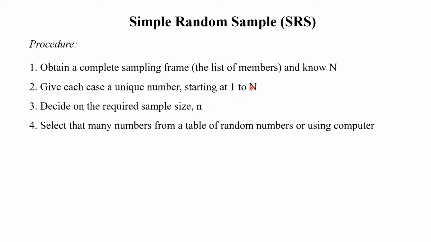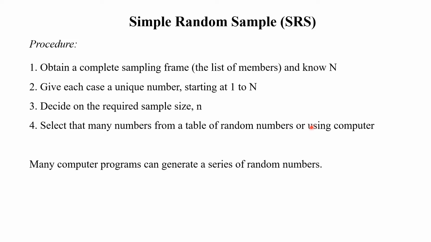Example, let's say the population size N is 30 and you have to select 6 from there. How do you do this? Randomly. We can use a random number table or some computer software. Many computer programs are available to generate this.